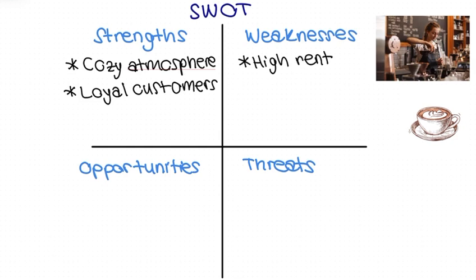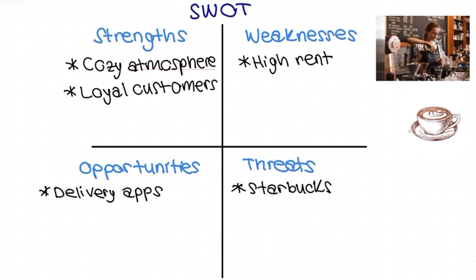Opportunities. Delivery apps are really successful now, like Uber Eats, and this is a huge opportunity for this business to double its sales without actually having physical space in the shop. Threats. Starbucks opening nearby. So Starbucks is a competitor for this business because it is a big chain with fancy drinks and they may steal their customers.